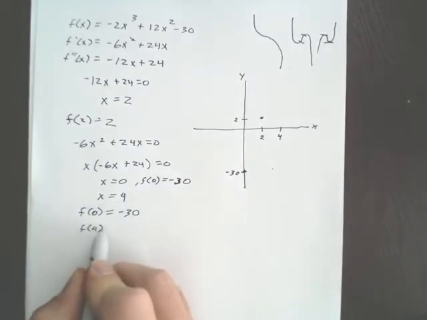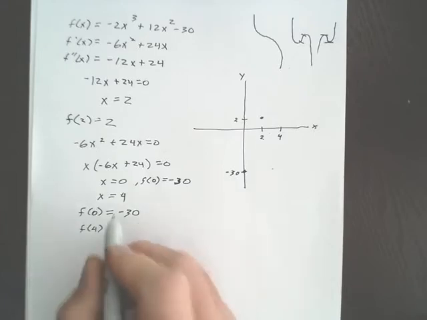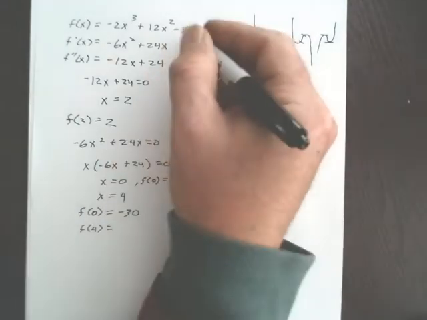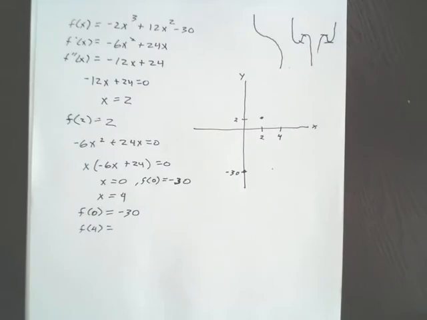I'm going to plug this into the trusty calculator, because I can't do that in my head: negative 2 times 4 cubed plus 12 times 4 squared minus 30 equals 34.